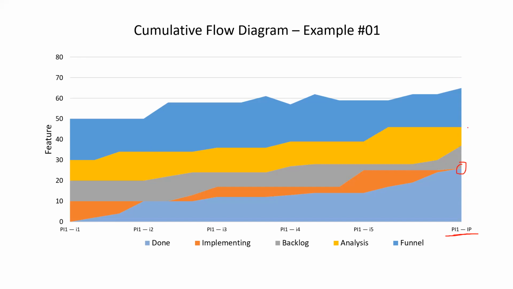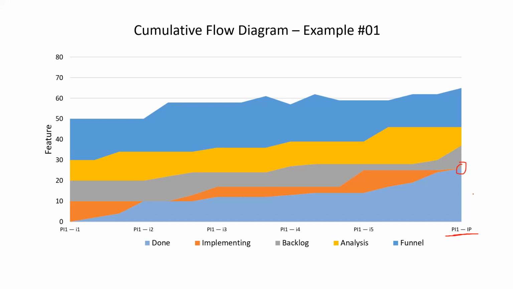By looking at this, you'll say, okay, the funnel is looking good. The trend is decreasing, which is good. The backlog is increasing. Okay, fine. But nothing is in implementing. Why is nothing in implementing? Until something is in implementing, how can we move into done?